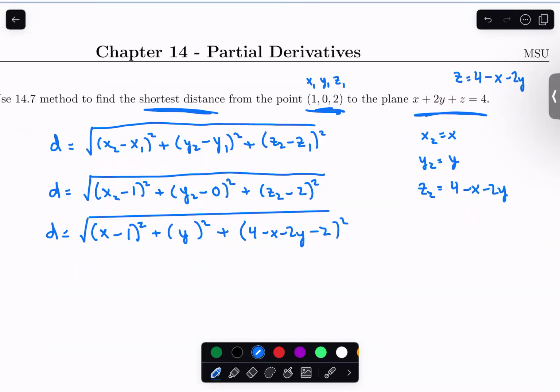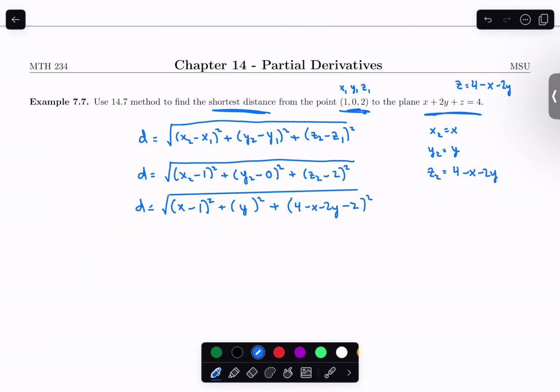I plugged that in. And because I've swapped out not just any old random z, it's the z that's equal to this plane equation here, this 4 minus x minus 2y, we now have a function that models the situation. That gives us the distance between our point and our plane. And so this is the thing that I would like to minimize, right? I'd like to find our minimum distance here.